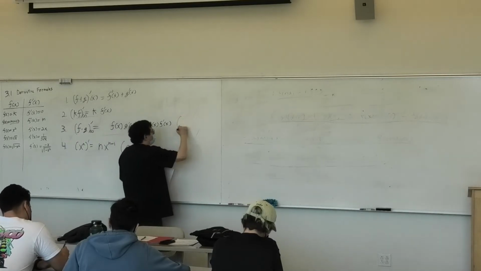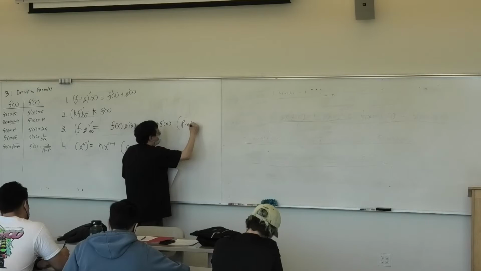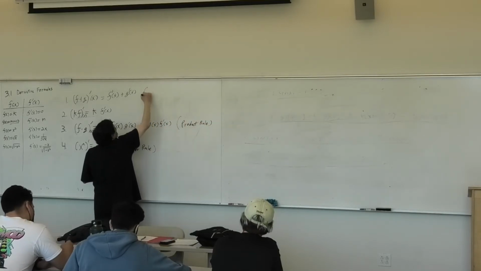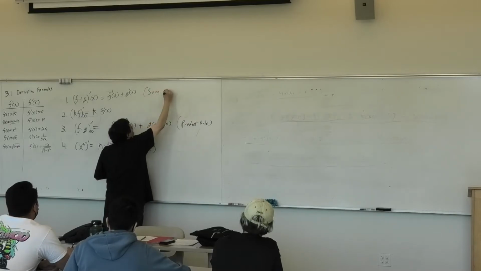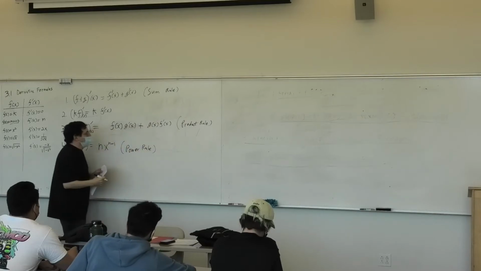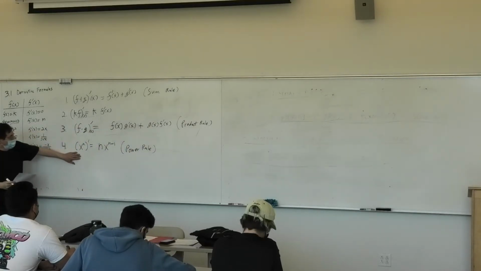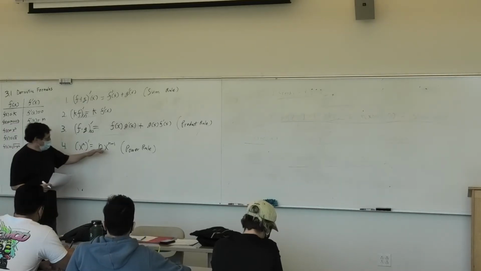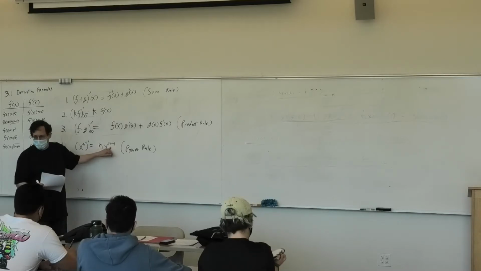This is the product rule. Sum rule. Call this the constant rule, I guess. We have a few examples here. And we'd like to show that this is true for all integer n.